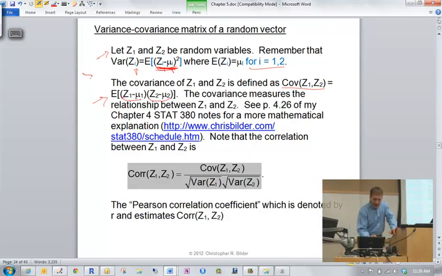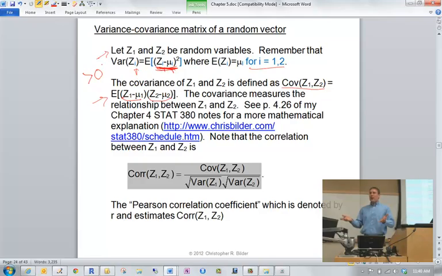If you have a covariance that is greater than 0, that means you have positive dependence. In other words, as z1 increases, z2 also tends to increase. So for example, with the high school and college GPA example, if high school GPA was, let's say, Z1, college GPA was Z2, you would expect a positive covariance in that kind of a situation. If instead, suppose your predictor variable was number of arrests during high school.